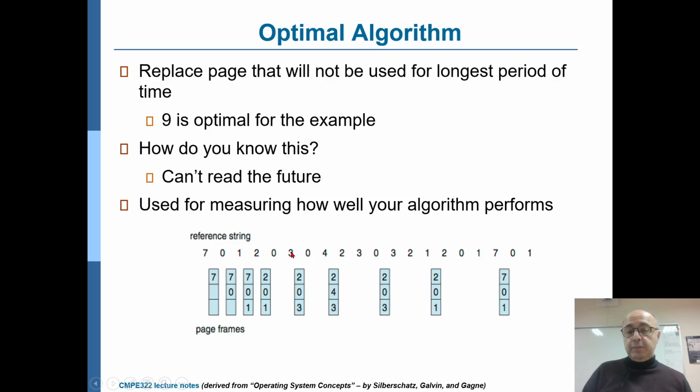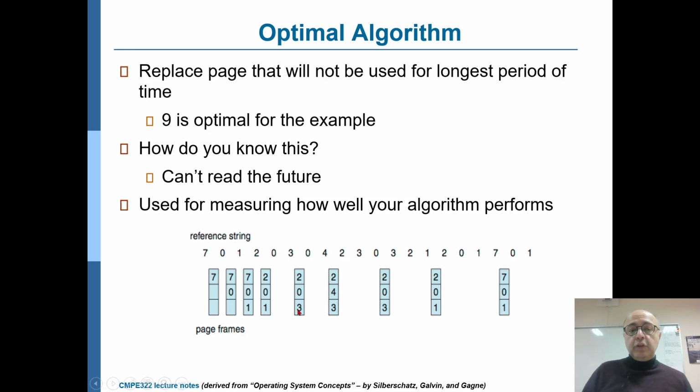When I need to place 3, now again, among 2, 0, and 1, which one is the latest to be accessed? 0 is immediately going to be accessed, so I'm not going to replace 0. That's the problem we had with FIFO. 4, anyways, 4 is not among 2, 0, 1, that's not to be considered. 2 is also to be accessed, so no need to look further. 1 is the furthest in time, so I replace 1 with 3.